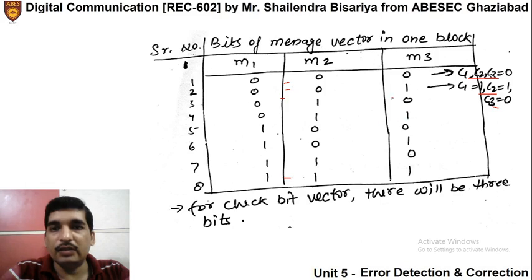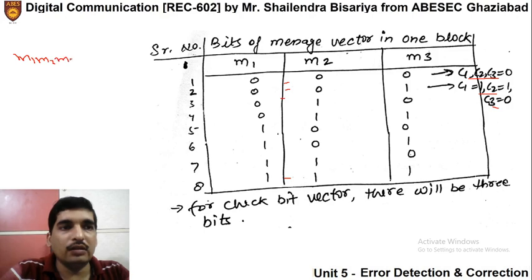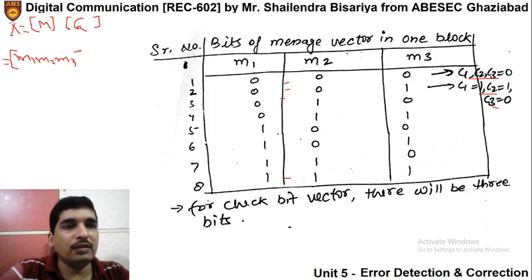First I will write M1, M2, M3. This is our first matrix. We are recalling that M into G will give me the code vector X. So X is equal to M1, M2, M3, and G is known to us.